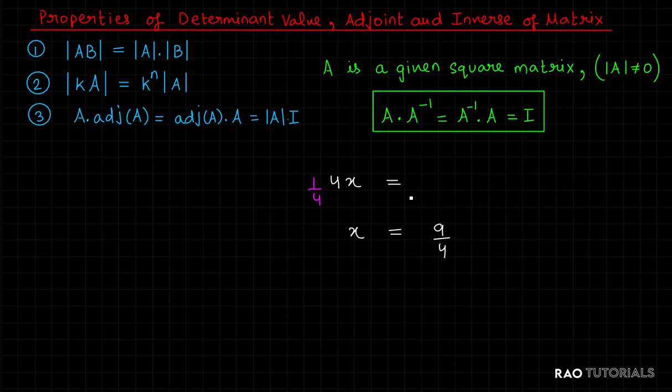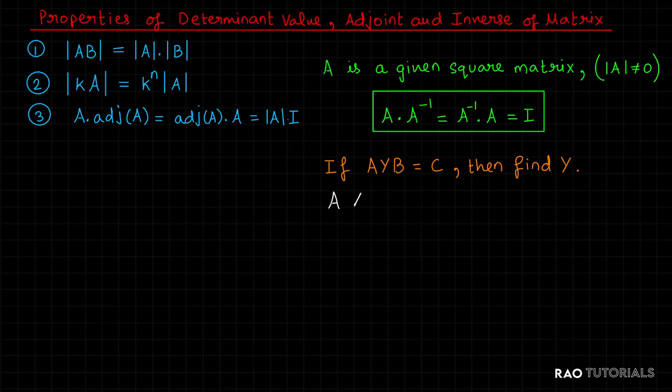Let us solve another equation. We have AYB equals C. Pre-multiplying A inverse on both sides, we get YB equals A inverse C. Post-multiplying B inverse on both sides, we get Y equals A inverse C B inverse.